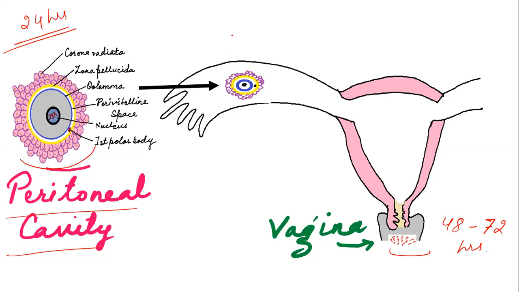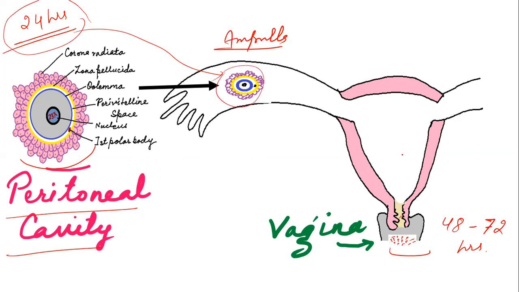Fertilization has to occur in the ampulla of the fallopian tube. So within this lifespan, the sperm has to reach the ampulla of the fallopian tube to fertilize the ova.